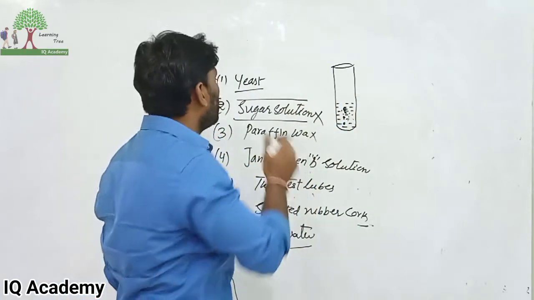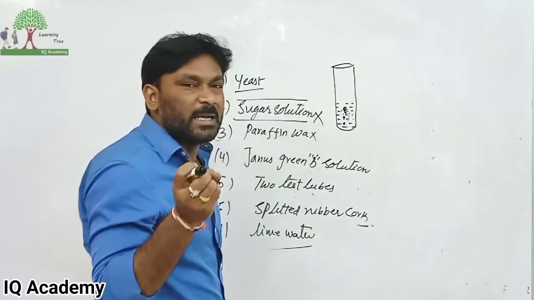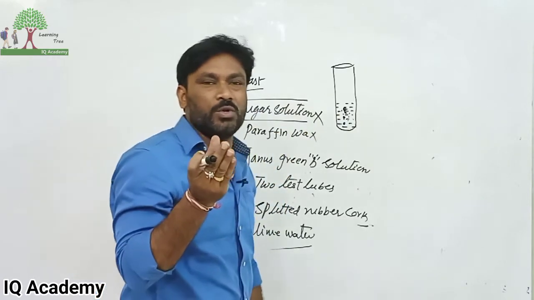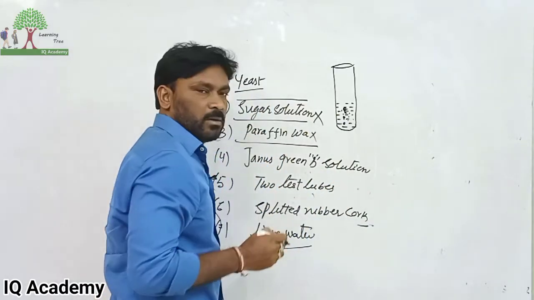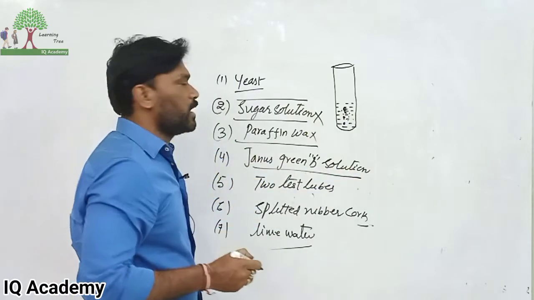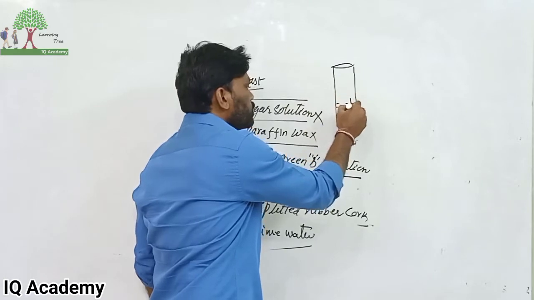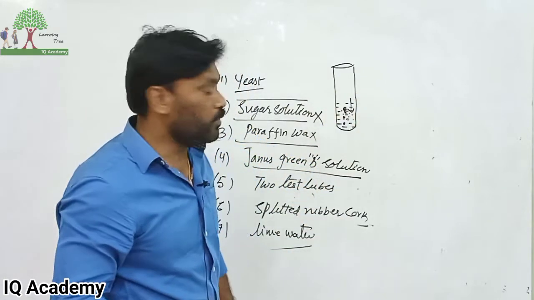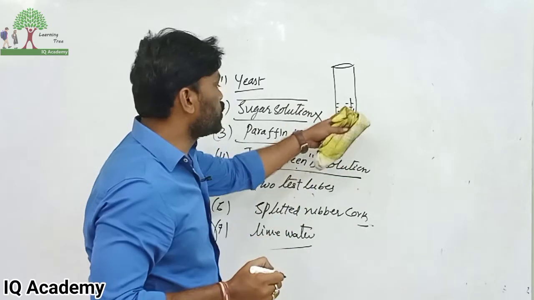When we add the yeast to the sugar solution, the yeast multiplies in number. And add paraffin wax. Before adding the paraffin wax, take Janus green B solution and pour it into the sugar solution. Why pour the Janus green B solution into the sugar solution?